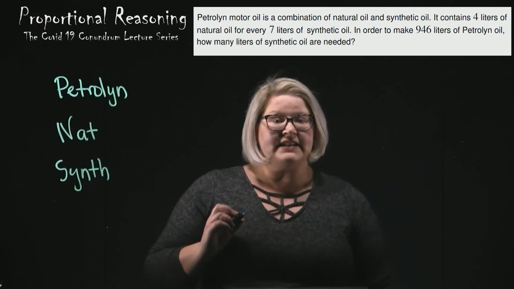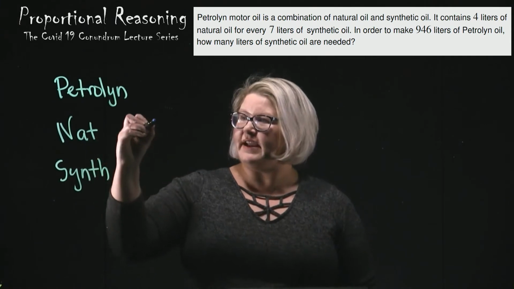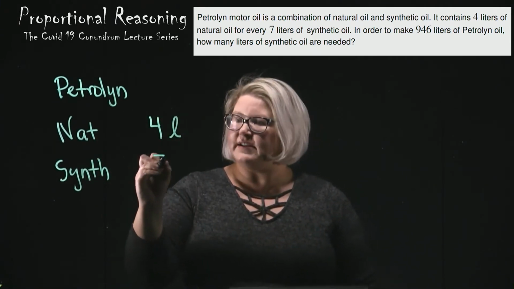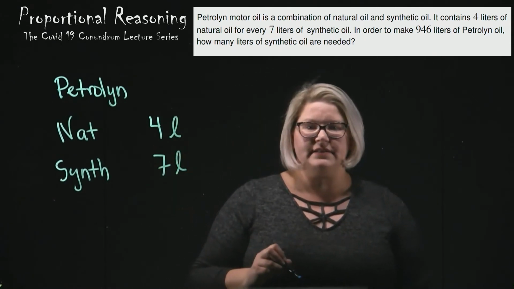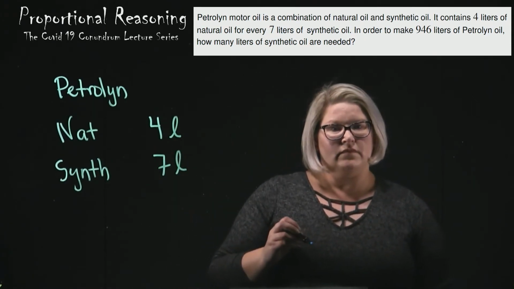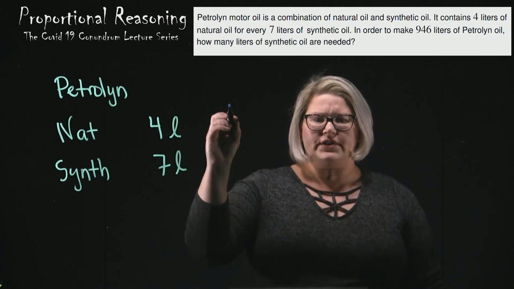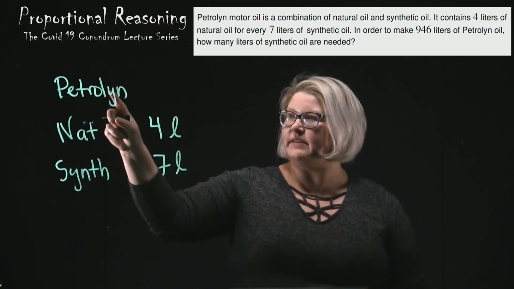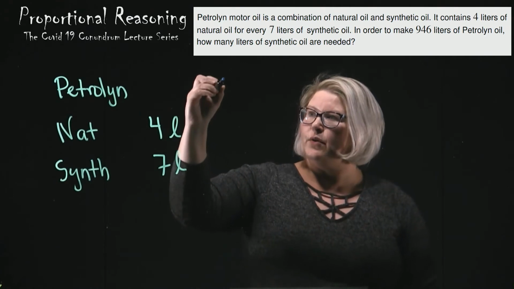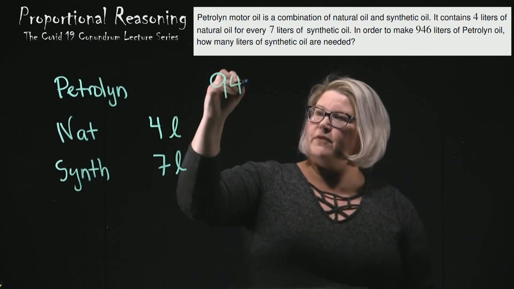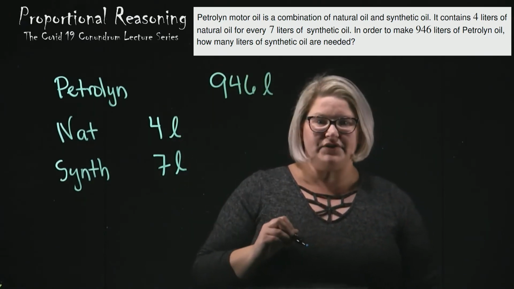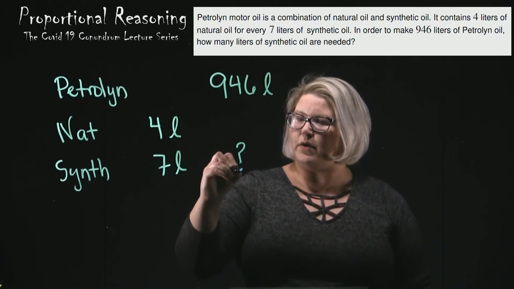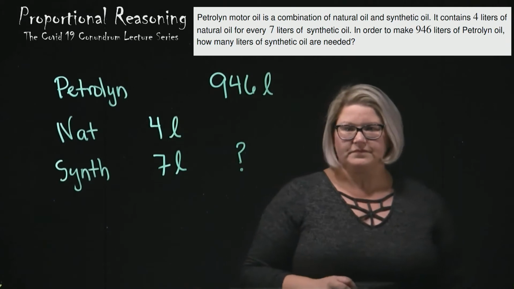Now they say it contains 4 liters of natural, so 4 liters of natural for every 7 liters of synthetic. Now it says in order to make 946 liters of petrolene oil, so here's petrolene, that's the combination. In order to make 946 liters of petrolene oil, how many liters of synthetic oil are needed?